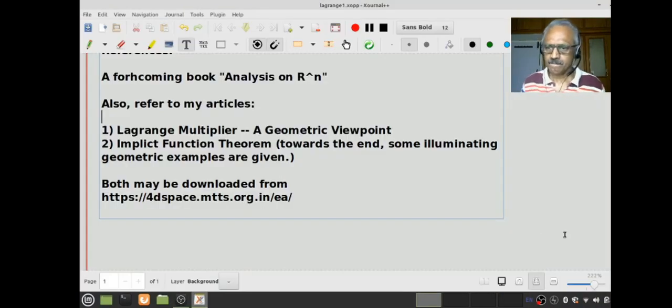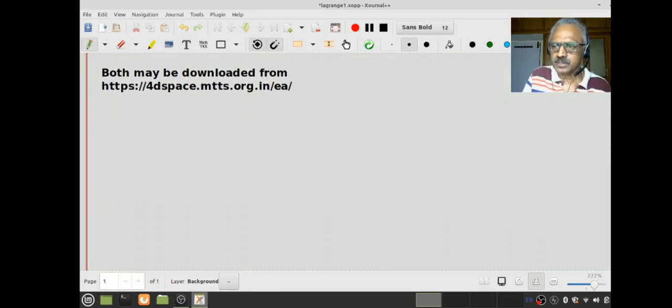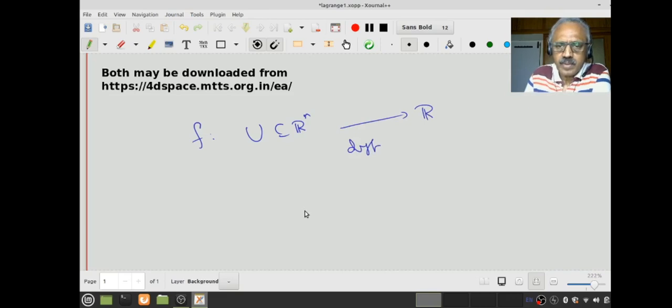The first thing to recall, if you have been following my lectures on differentiation on R^n, is the following result. Let U be open in R^n and f from U to R be differentiable.